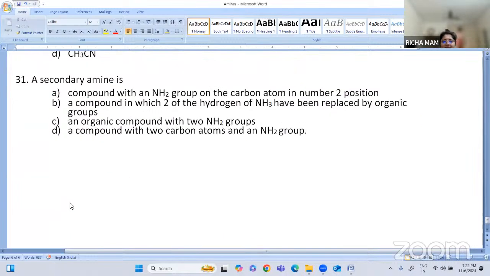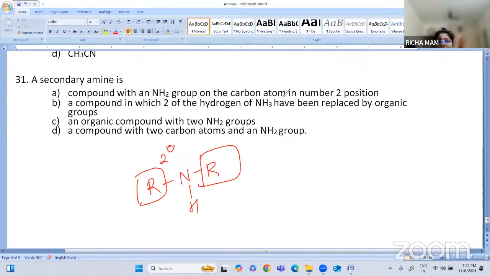A secondary amine is, what is a secondary amine? Nitrogen containing two R groups, right? So this is a secondary amine, where two R groups are present. A compound with two of the hydrogens of NH3 replaced by organic groups.